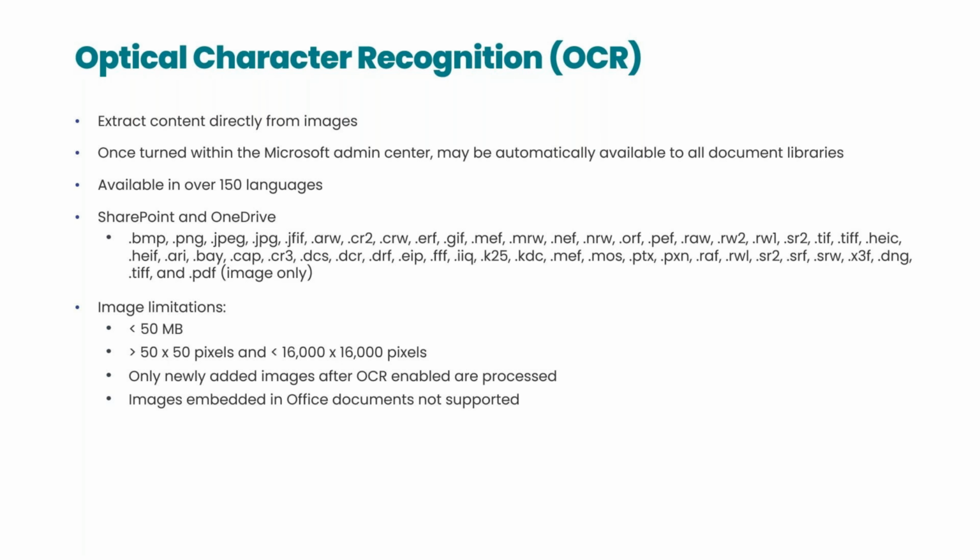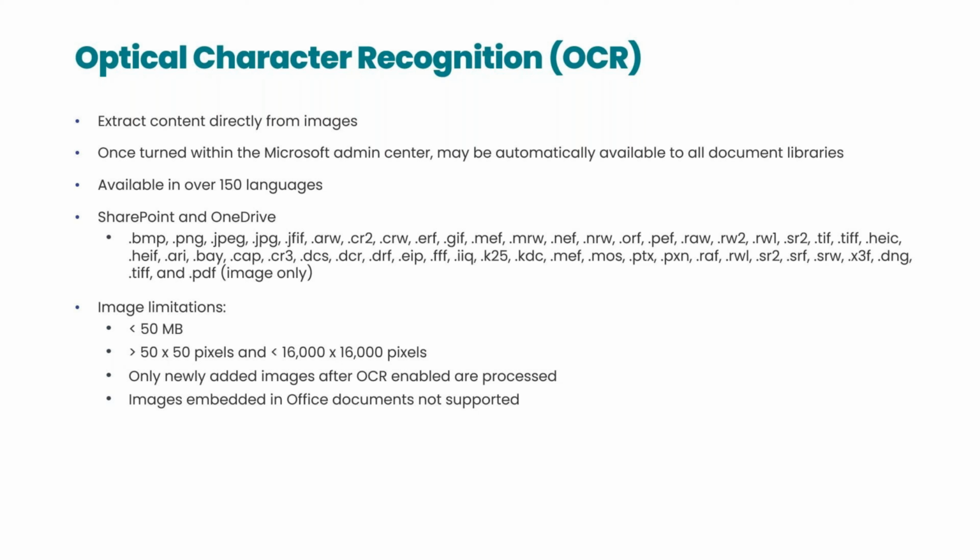It needs to be turned on in SharePoint Microsoft Admin Center, and you can specify what sites it should be enabled for. Or alternatively, you can turn it on for all the sites and then it becomes available on all the document libraries on your tenant.